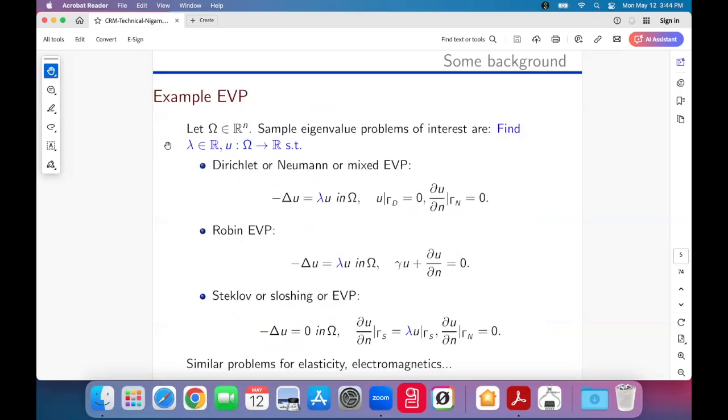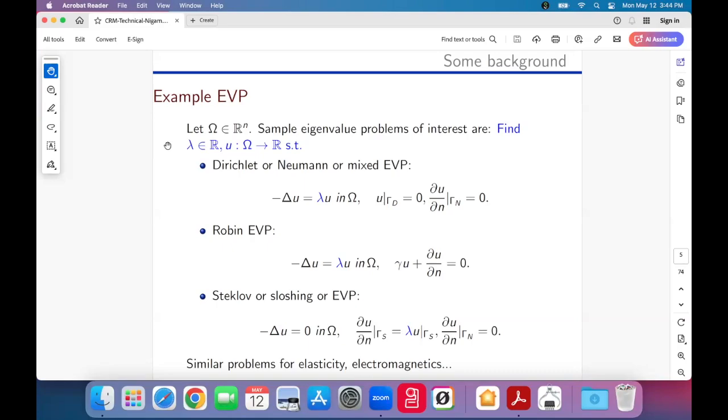So here are some prototypical eigenvalue problems. Let's think about, say, the Laplacian. I could ask for the Dirichlet eigenvalues, the Neumann eigenvalues, the mixed eigenvalues, where I have Dirichlet on part of the boundary and Neumann on other parts. I could have the Robin eigenvalue problems. I could think about the Steklov problem, where I have the spectral parameter on the boundary.